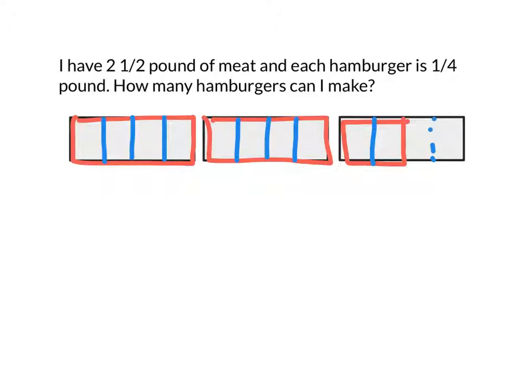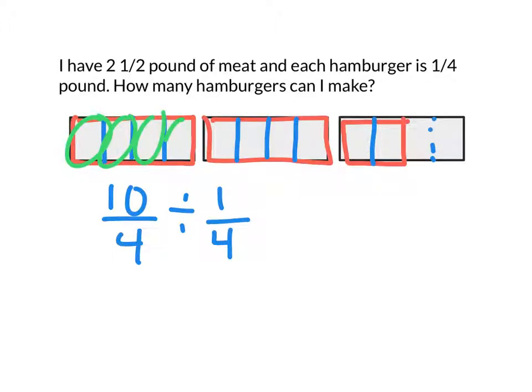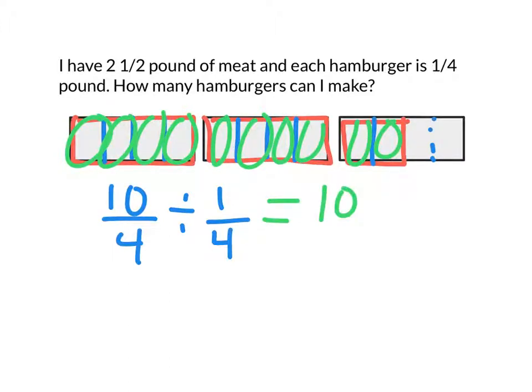I have 10 quarters now, and I am taking them one at a time. So if I'm taking them one at a time, 1, 2, 3, 4, 5, 6, 7, 8, 9, 10, I would have 10 as my answer, and I would be able to make 10 hamburgers.